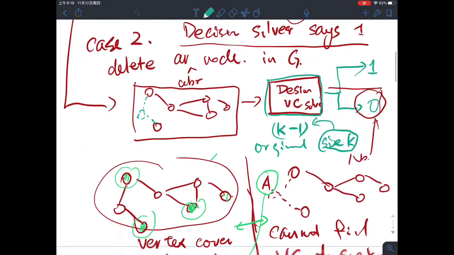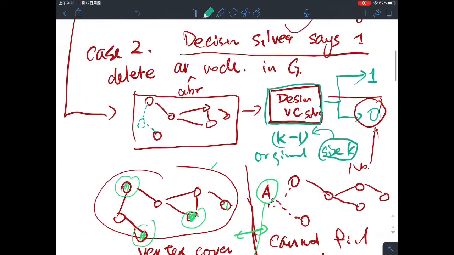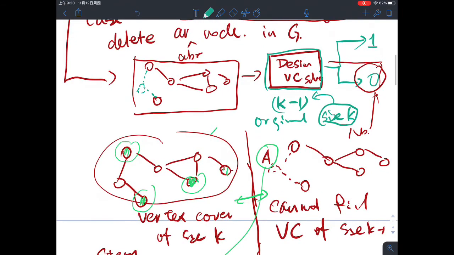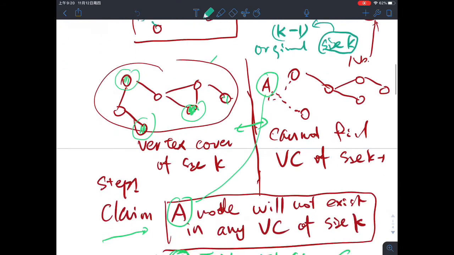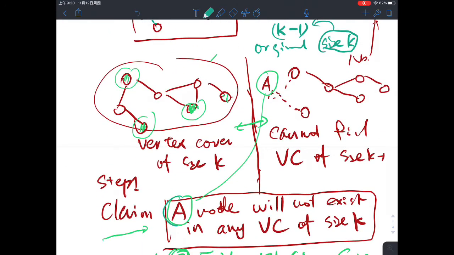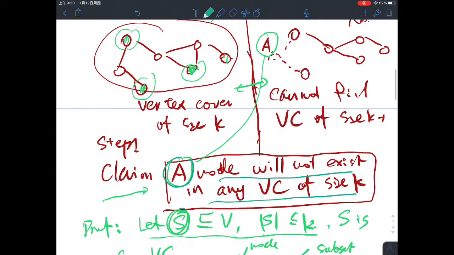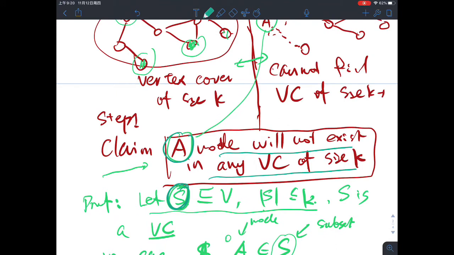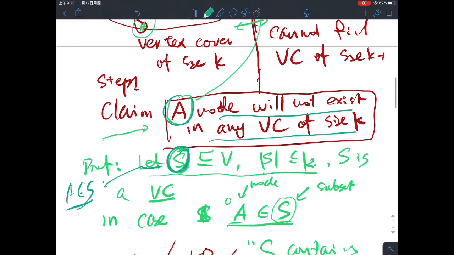Right. That contradicts the second oracle call, right? Now let's see the big picture here. We want to claim that A doesn't belong to any vertex cover of size K, and if this were not true, if we were able to find S such that A is part of S, then we want to derive a contradiction, right?